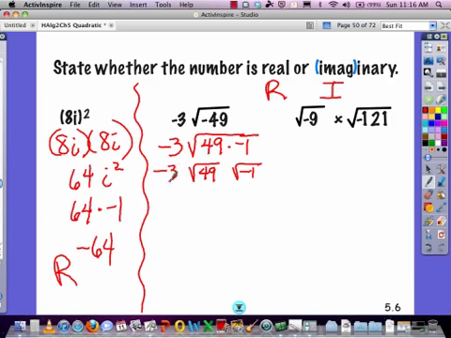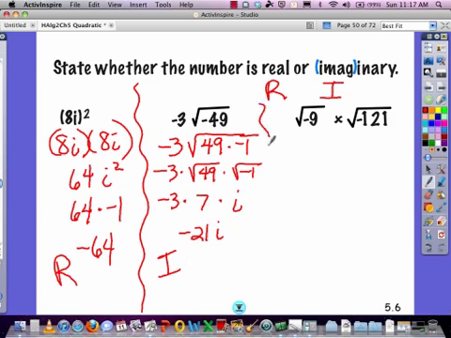Square root of 49 is 7, but we already have a whole number out front, so we're going to have to combine those two things. And the square root of negative 1 we learned was i. So when we finish on this one, negative 3 times 7 is negative 21 times i, we get negative 21i. That is definitely an example of an imaginary number because it has that i component to it.